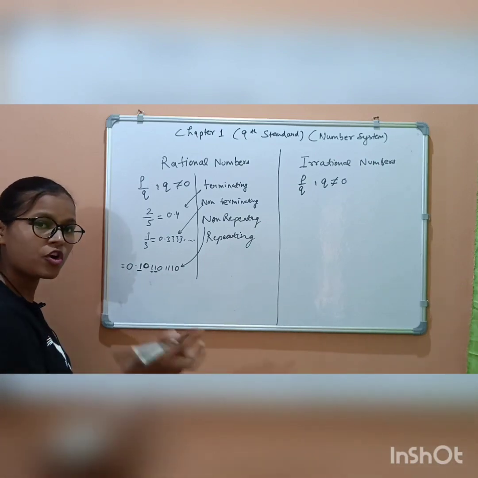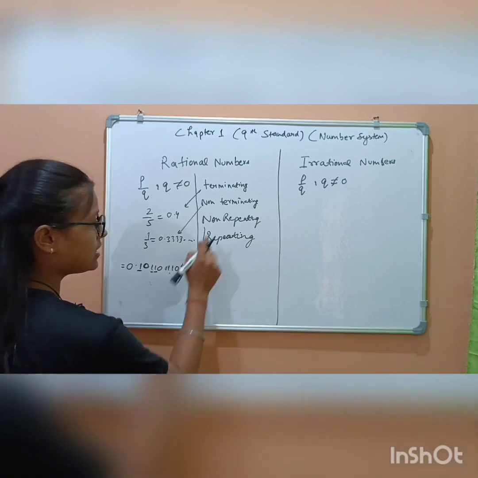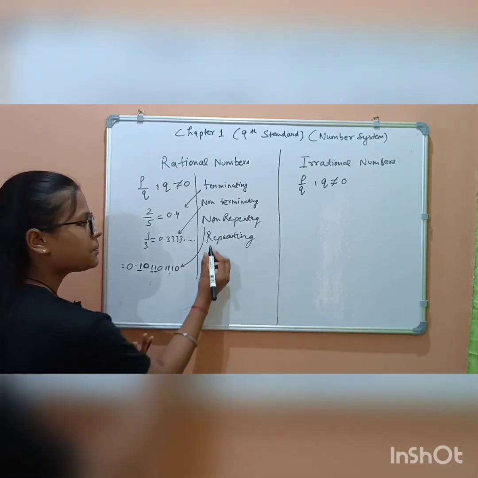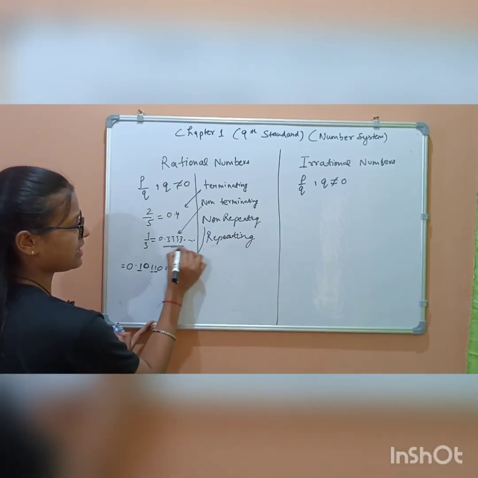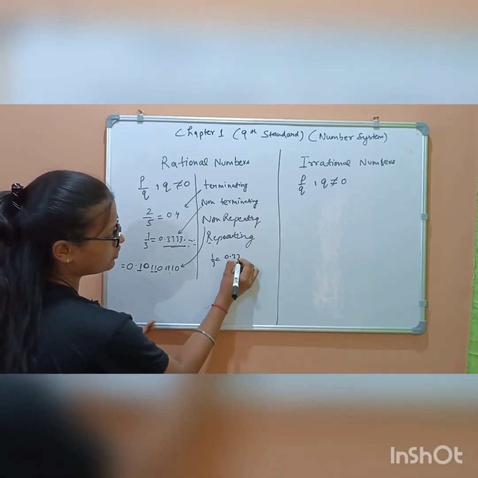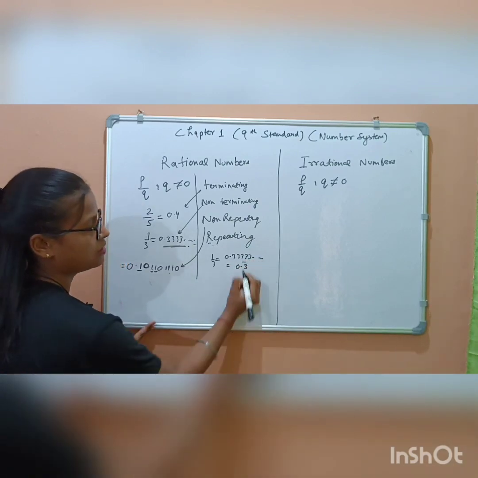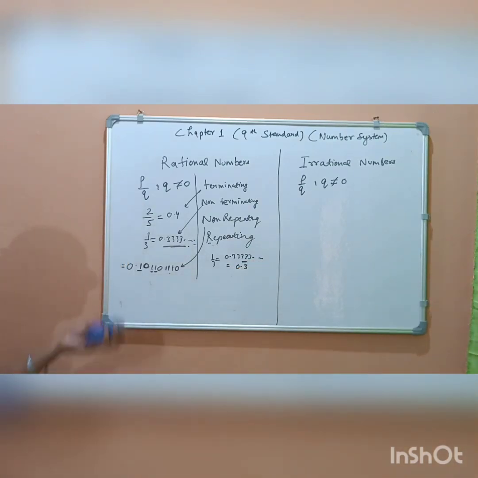Here 1 comes for 2 times. Here 1 is coming for 3 times. So it is non-repeating. What is repeating? This category is repeating. Like 1 by 3, 0.33333 and goes on. So I can write it down as 0.3 bar. Okay, so this is repeating.